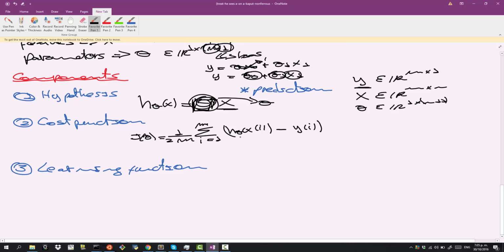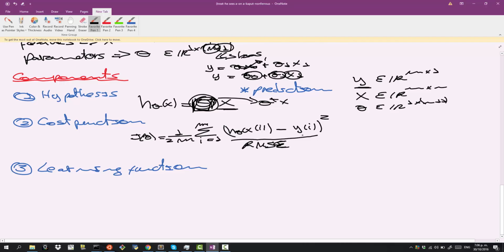So what we do right here is that we take the hypothesis using theta transpose times x, and we subtract that from our label data, of course. So if this is going to give us 1 and the output is 1, this is going to become 0. If this is 2 and this is 1, then this is going to become 1. And so we square this, and with this we can obtain the root mean squared error.